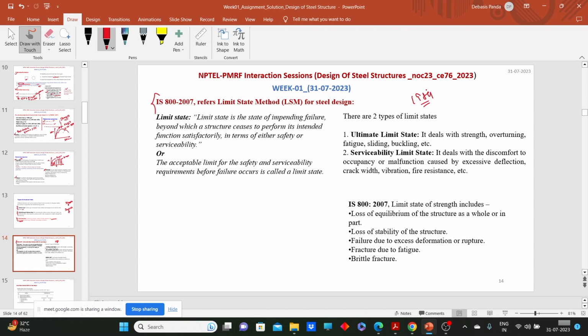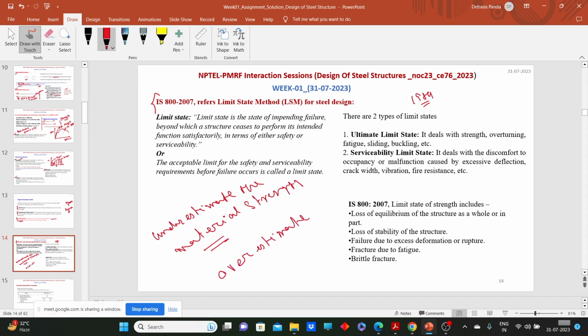In the limit state method of design, what we generally do is underestimate the material strength and overestimate the loads.